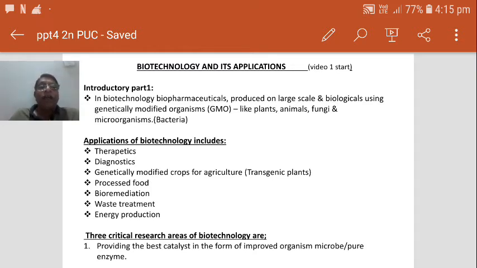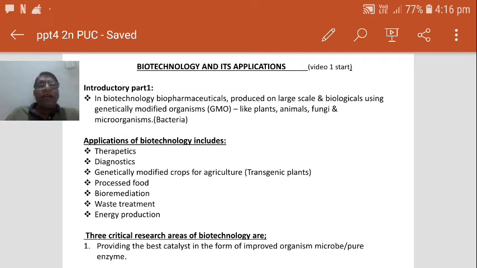A very good example you can say now, the insulin is produced through genetic engineering, and it is now used by diabetic patients. Therapeutic drugs. Different types of vaccines we produce.